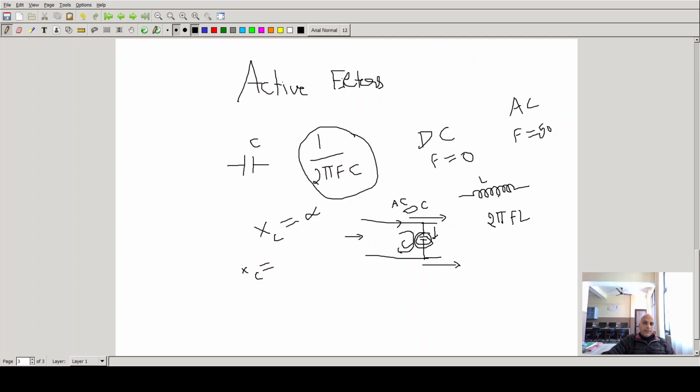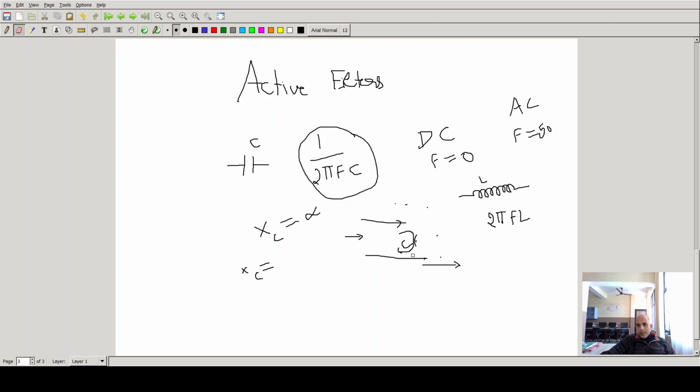Now what will happen when we pass current through this inductor? Let's take the case. Now we are using an inductor in a circuit.